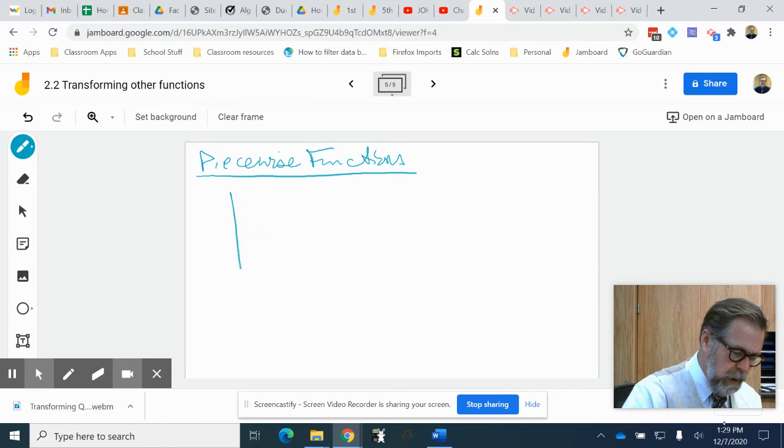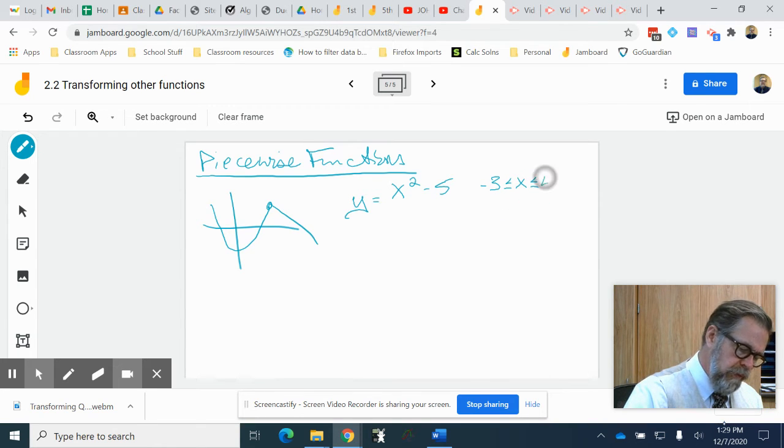So let's look at a quick piecewise function. Hopefully you know what that is. Could look something like y equals x squared minus 5 from negative 3 less or equal to x less or equal to 4. And so there's x equals 4 right there. So I've got 16 minus 5 is 11.